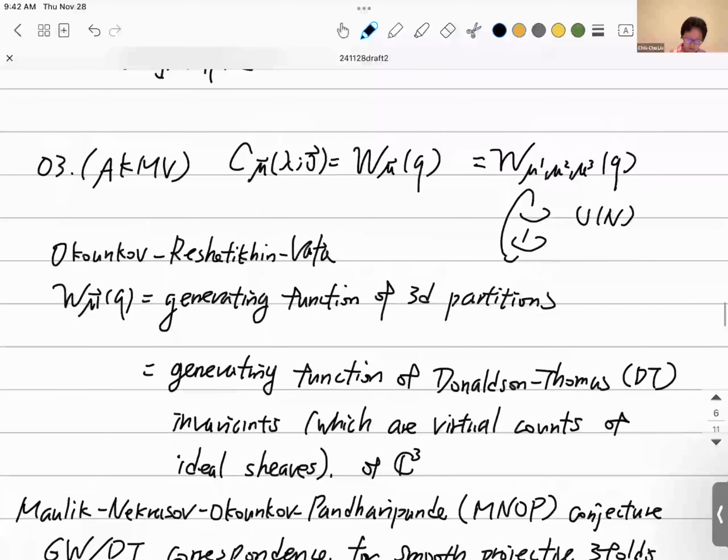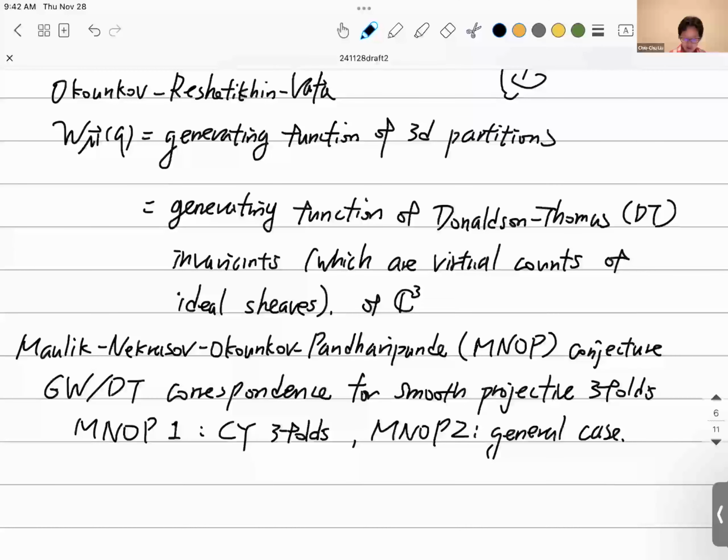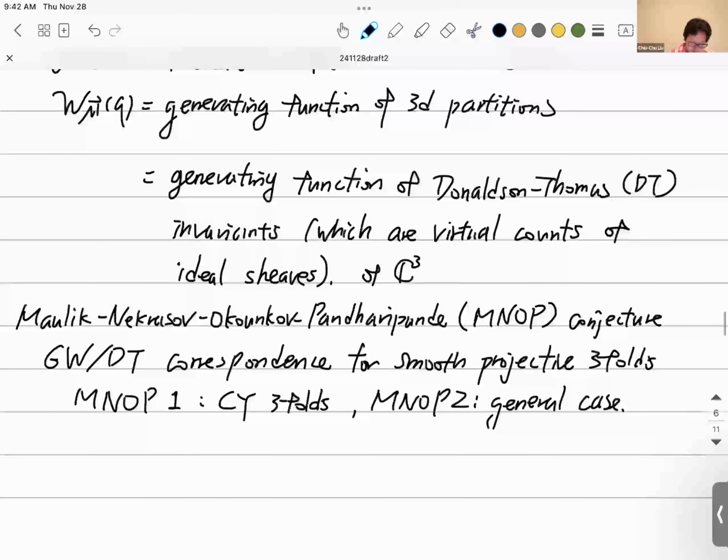Once you recognize this, and it is natural, you see that the left-hand side is supposed to be Gromov-Witten invariants, and the right-hand side is some Donaldson-Thomas invariant. So they make this conjecture, which goes beyond the toric Calabi-Yau case.